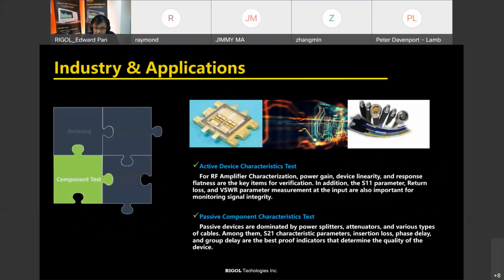The other one is the active device characteristics test. That means you can do RF amplifier characterization, where power gain, device linearity, and response flatness are the key items for verification.